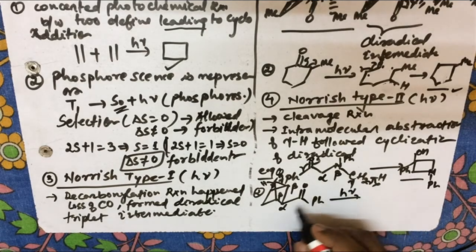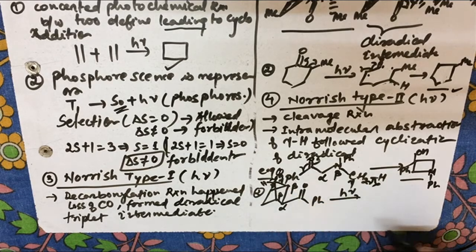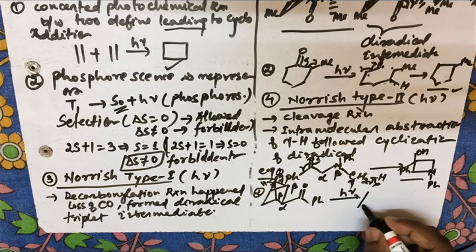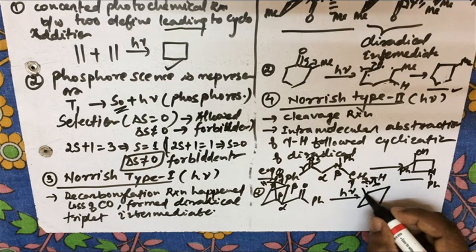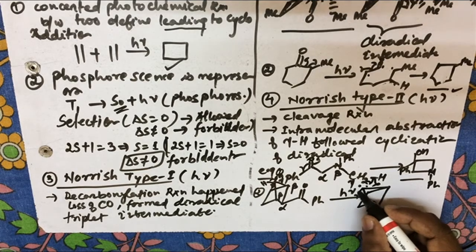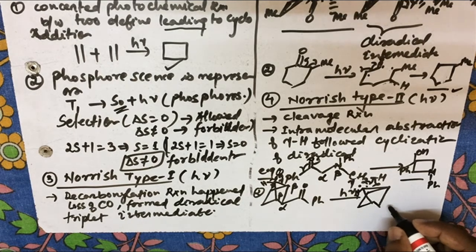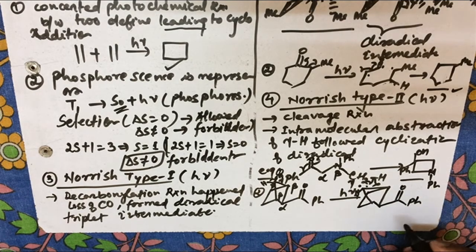Under hv condition, this cleavage will happen and create the radicals. First create the radicals.